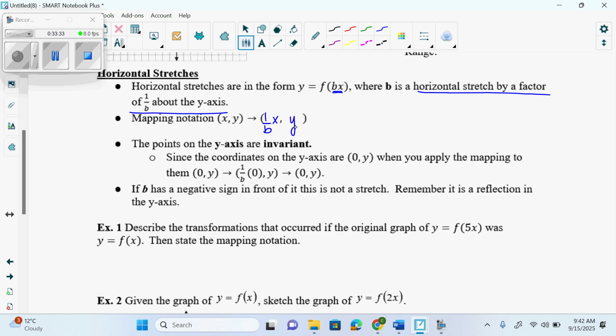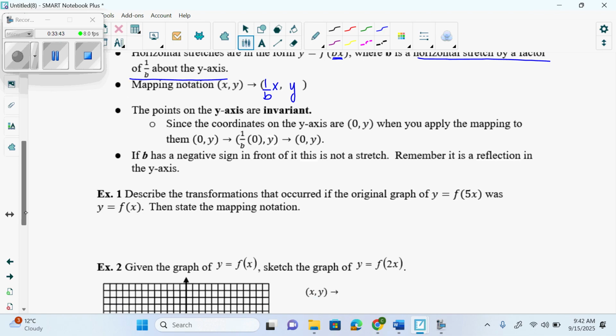Remember, because from equation to words and mapping, x's be crazy, they flip. Yes? X's be crazy. So your invariant points are on the y-axis this time, because that's where your x's are 0, and if I multiply them by 1 over anything, say 0. And the b having a negative sign, remember that's a reflection in the y.